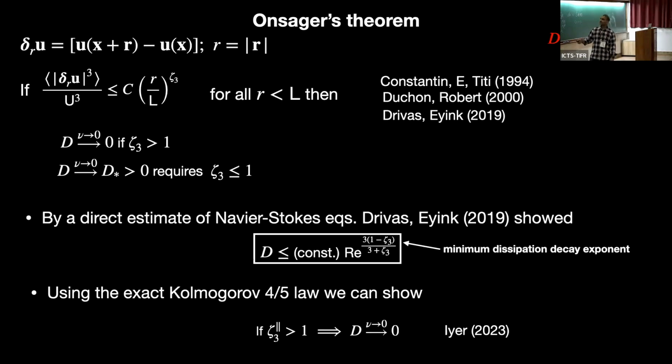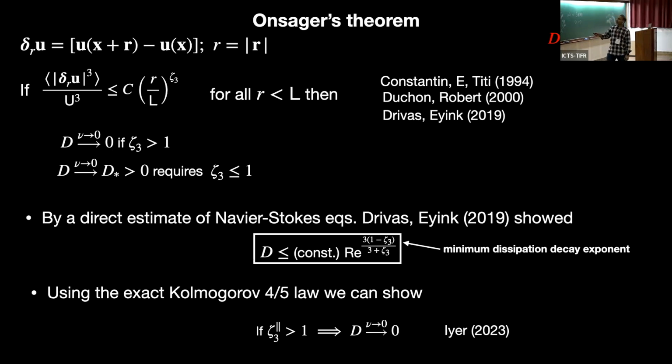Conversely, if this anomaly must survive, then this third order exponent must be less than or equal to 1. Notice that unity is the Kolmogorov value, and the Kolmogorov scaling is consistent with the zeroth law, or the strong dissipative anomaly.